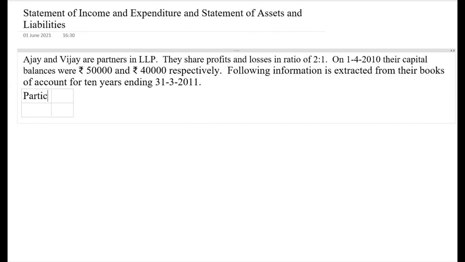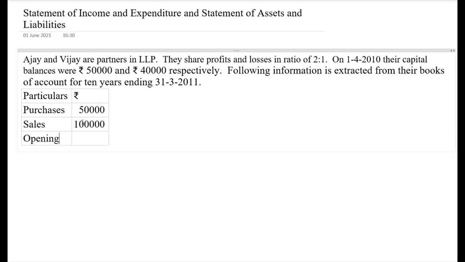Particulars, rupees. Purchases 50,000. Sales rupees 1 lakh.